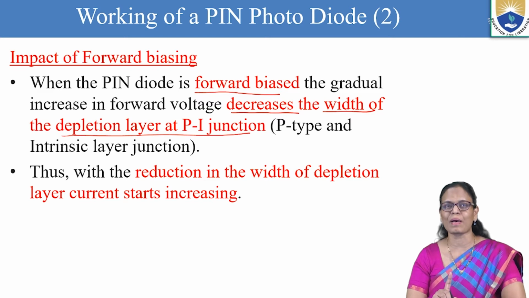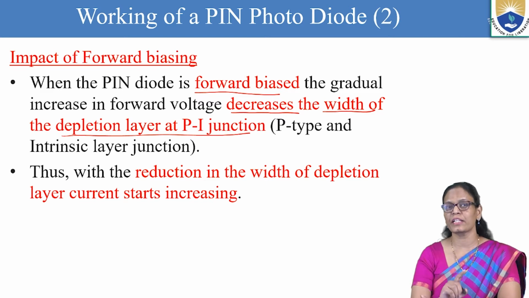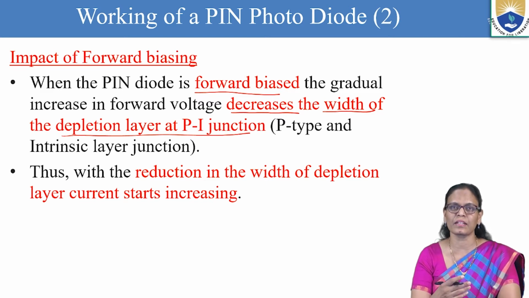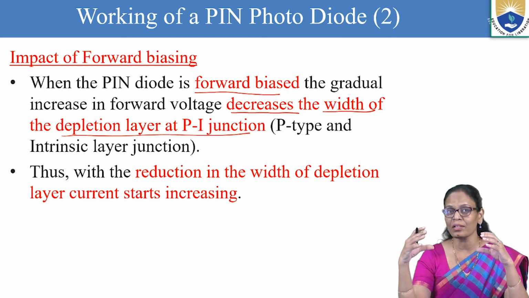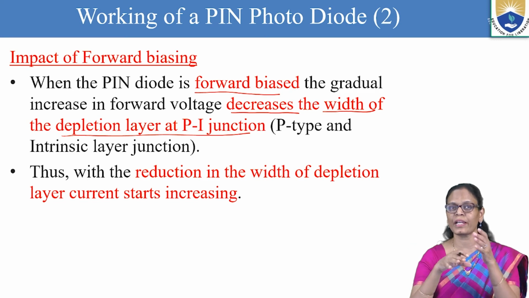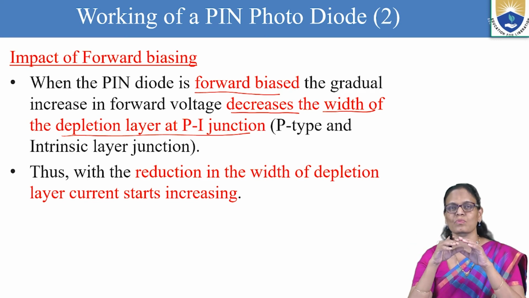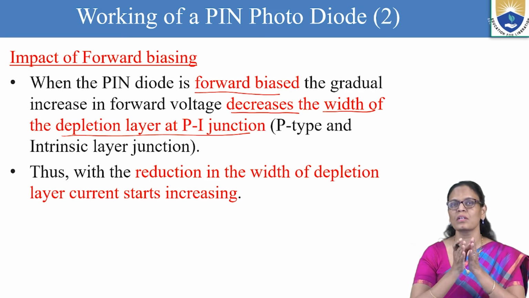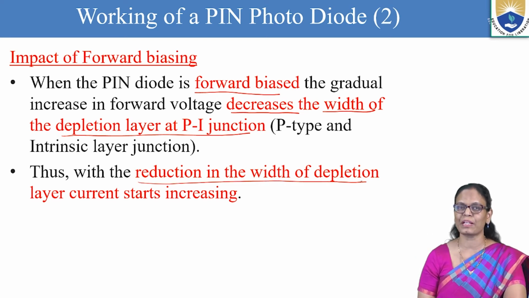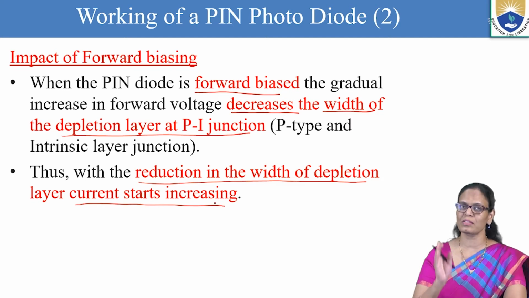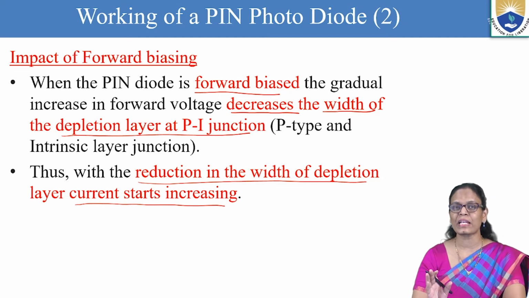In reverse bias, when we increase the reverse voltage, the width of the depletion layer goes on increasing. But when you connect it in the forward bias, the width goes on decreasing. So with the reduction in the width of the depletion layer, the current starts increasing. Because the width of the depletion layer is going down, the current will start flowing.